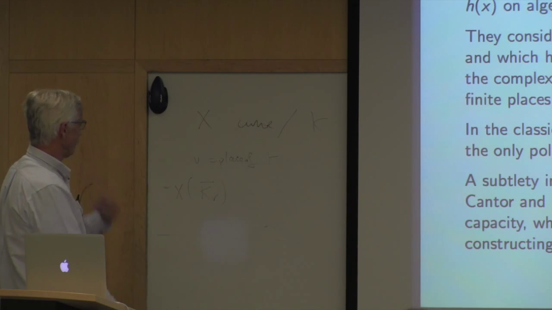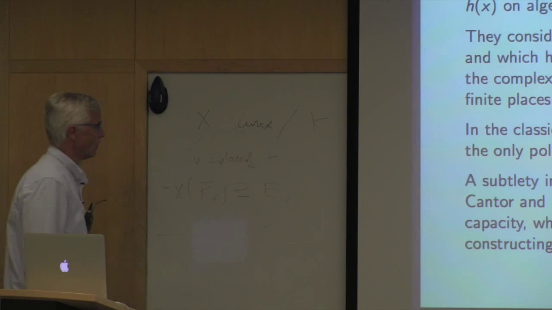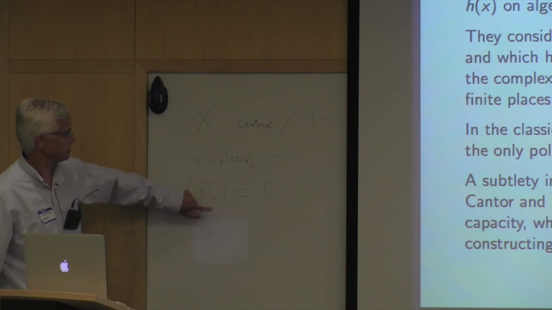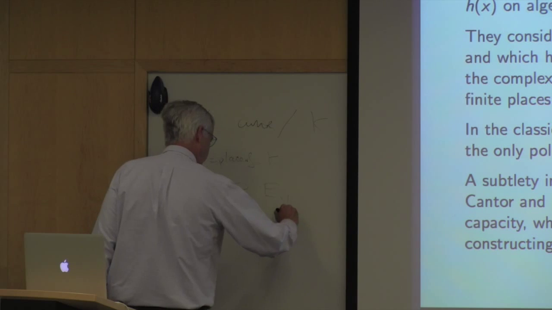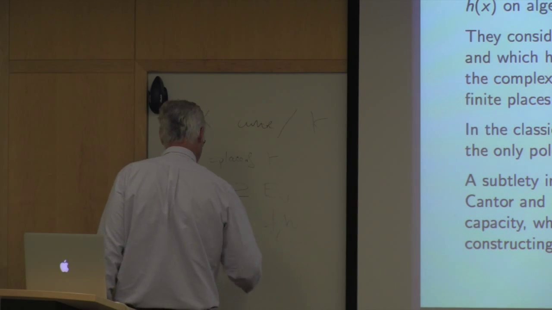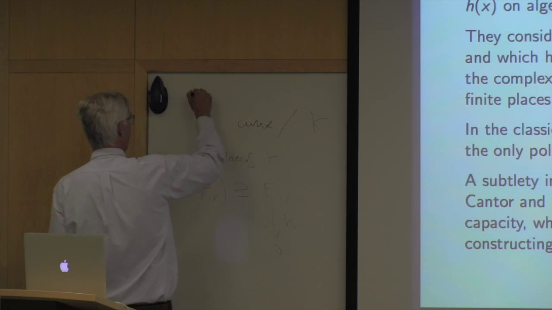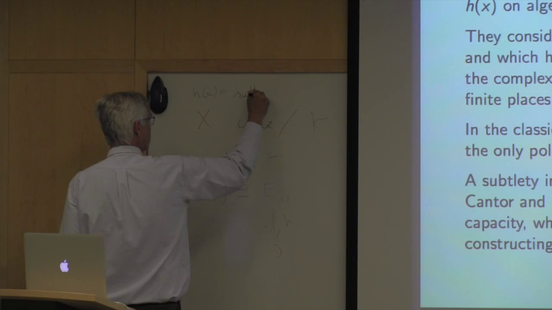And what they did was choose subsets of the points over the algebraic closure of the completion on which you wanted to make sure that you constructed a function which had certain values. Well, it'll end up being a rational function.